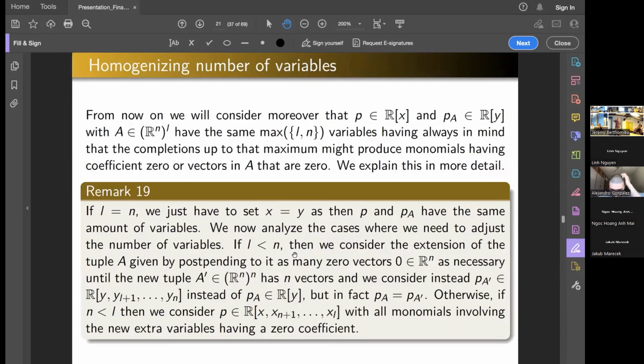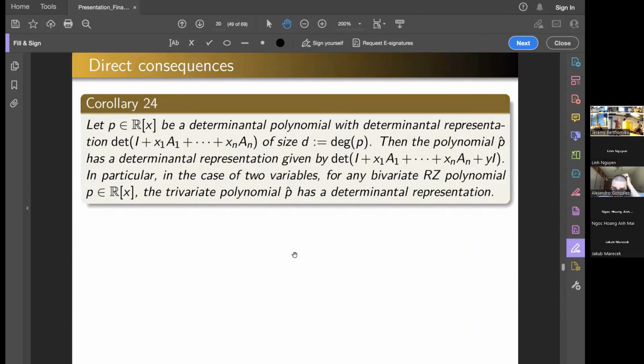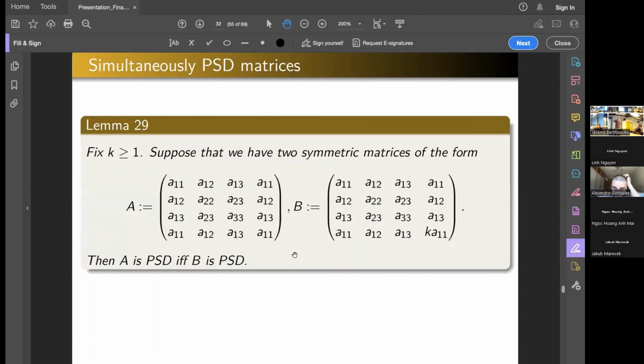It's this one. So say if you multiply the diagonal times A1. Well, it's a direct application of the Sylvester lemma. This is how I proved it.